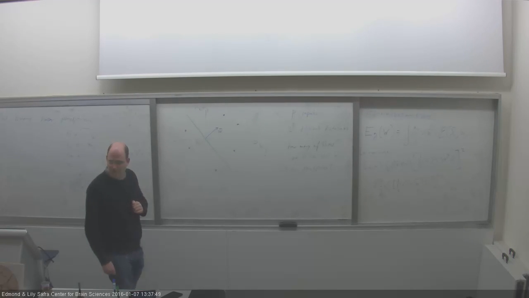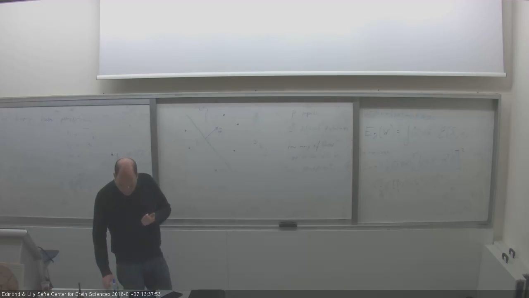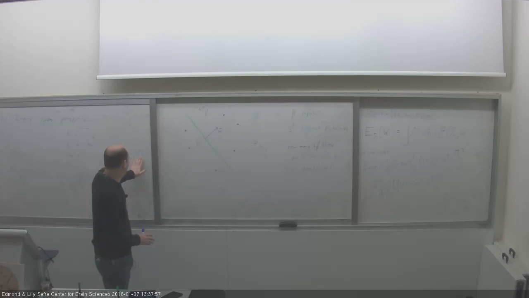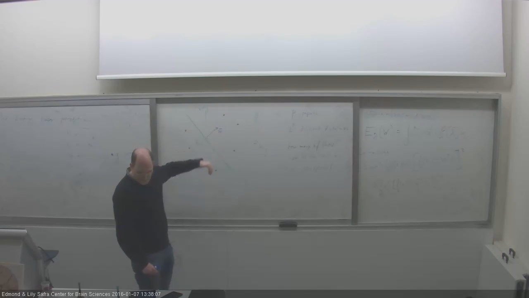Just for simplicity, I will assume that there is no such bias, and therefore the decision plane goes through the origin. If we would add a bias, the decision plane doesn't have to go through the origin.